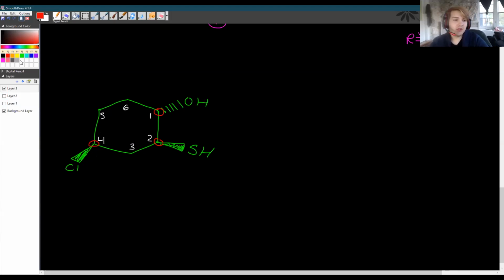And then from here, what we can do is we can start to do our shopping list, right? So let's start with carbon 1. Carbon 1. And we know that there should be 4 groups on carbon 1. And what do we have going on? Well, one of the bonds that we have is to that oxygen.